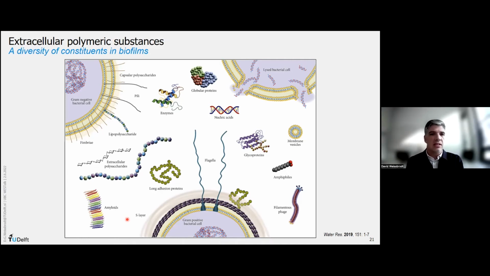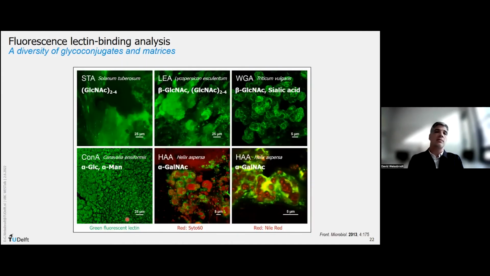Only one skill set is not enough to address these complex microbial communities and complex assemblies of polymers. You need microbiology, you need chemistry, material sciences, engineering and molecular biology, many different disciplines, mathematical modeling as well.